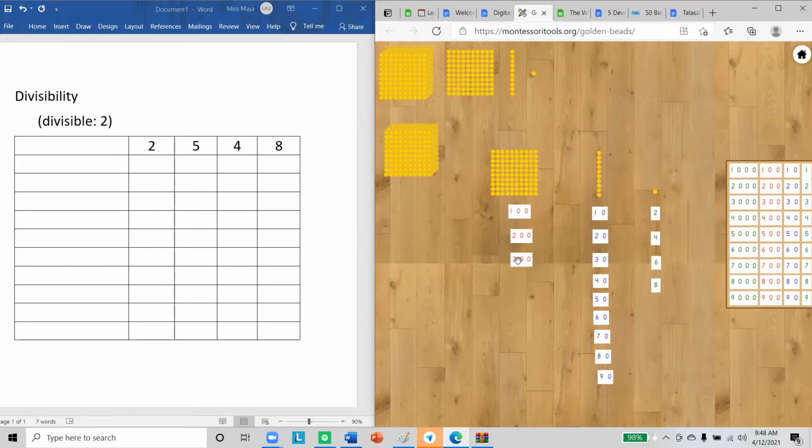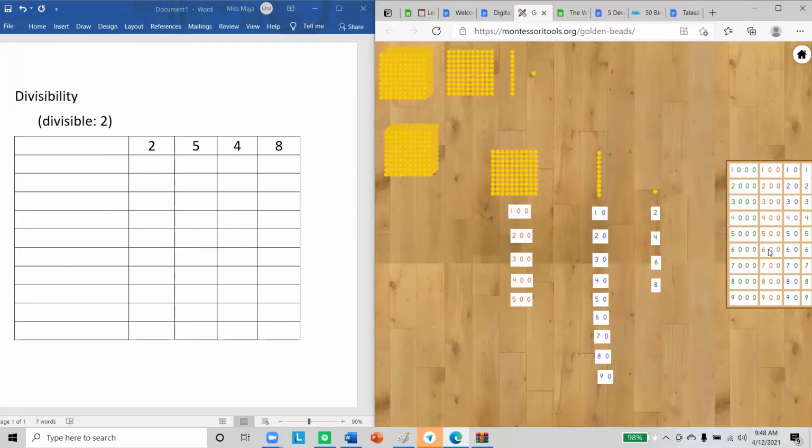So what's 300 divided by 2? That's 150, I think. 150 plus 150. Correct. 400 is 200 plus 200. It's getting bigger.